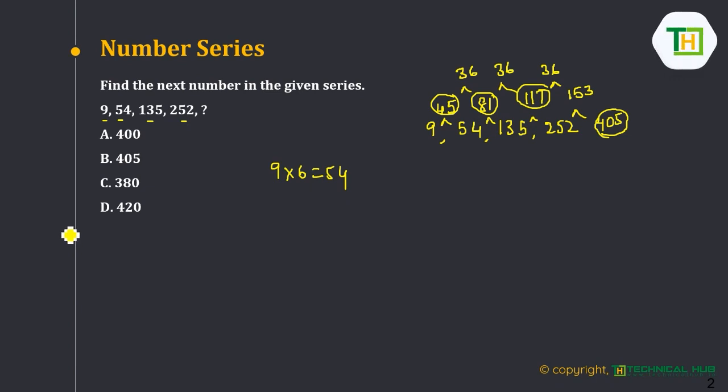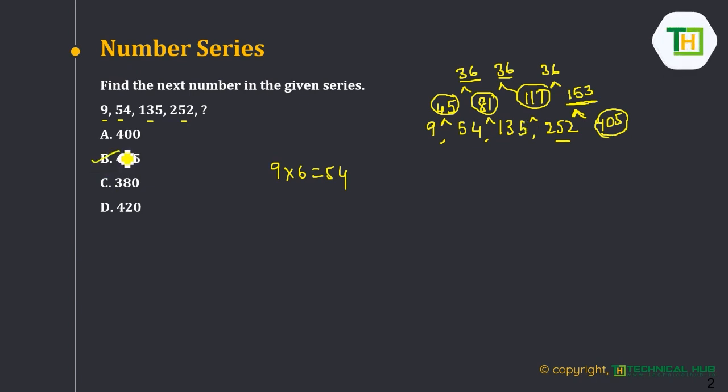Again, I followed the same method and took the difference again. I got 36 and 36. Since the difference is the same, I expect 36 to be the difference for the next number. So the next difference in the series is 153. That means the answer should be 252 plus 153, which is 405. So this is one logic we have.